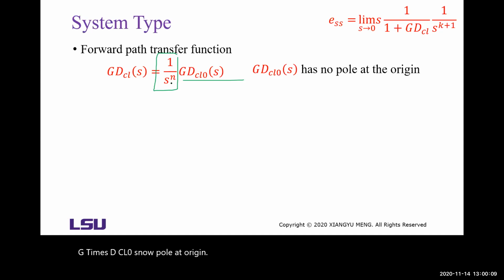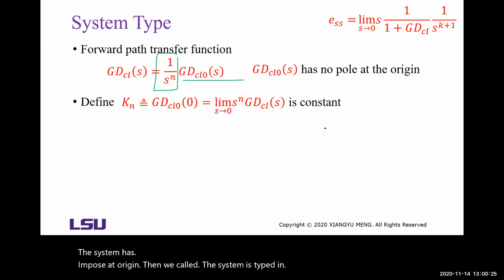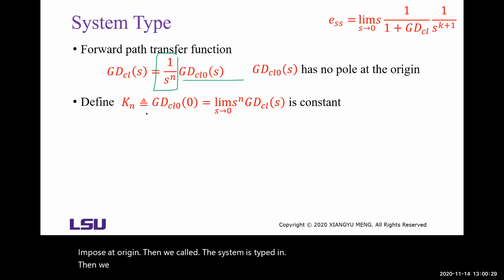If the system has n poles at the origin, then we call the system type n. Then we define a constant K_n. It's G D closed-loop 0, where we let s be 0.